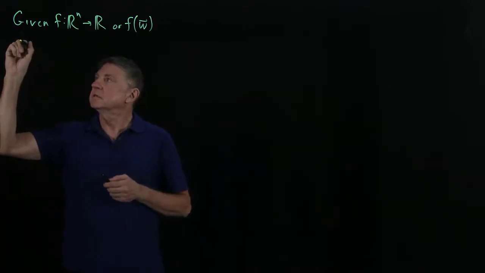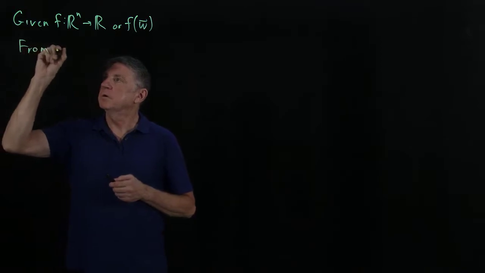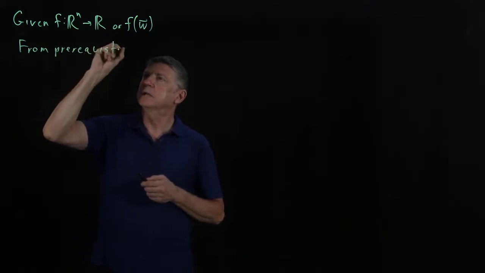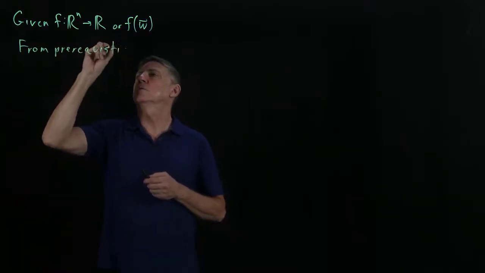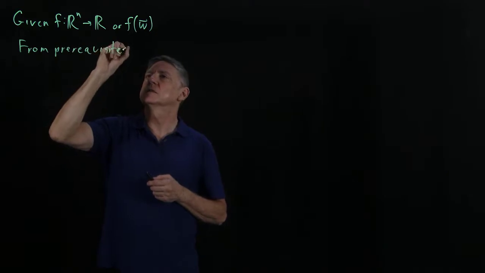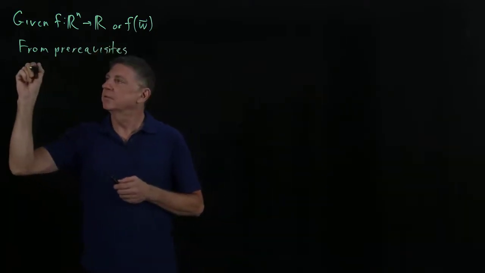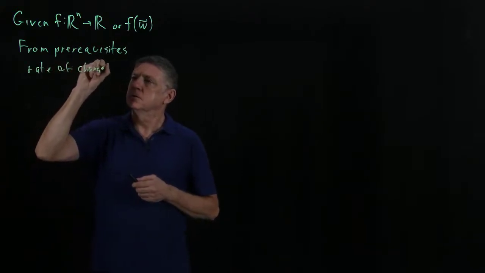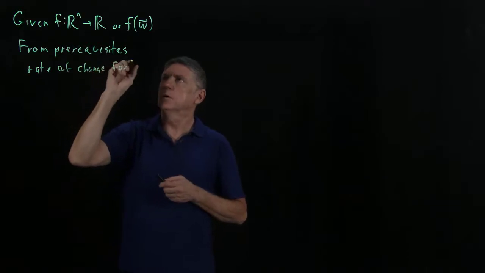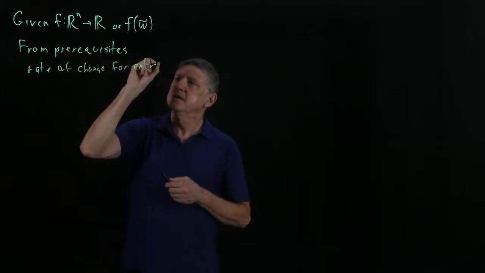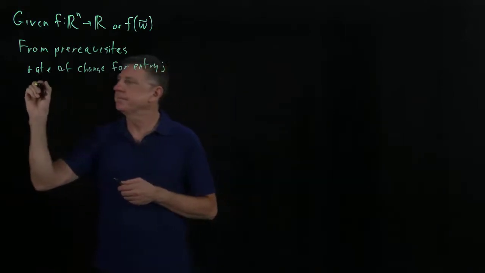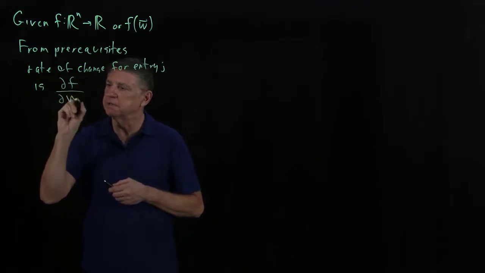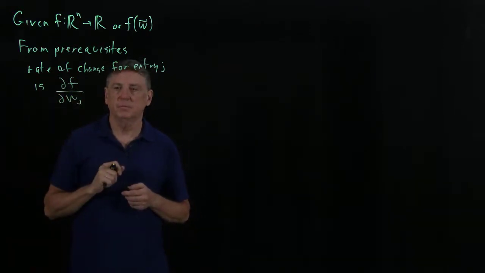From calculus, from prerequisites, we know that the rate of change for vector entry j is the partial derivative of the function with respect to that jth variable.